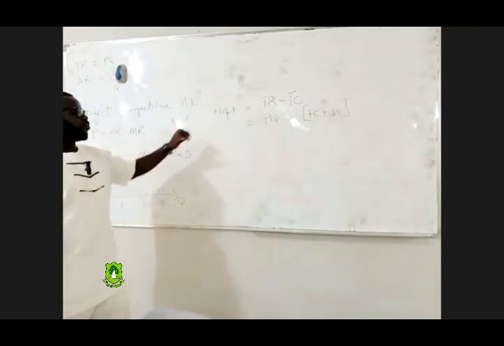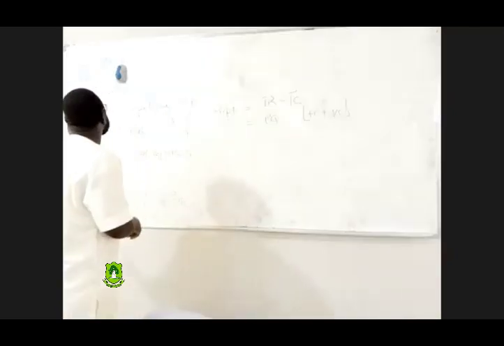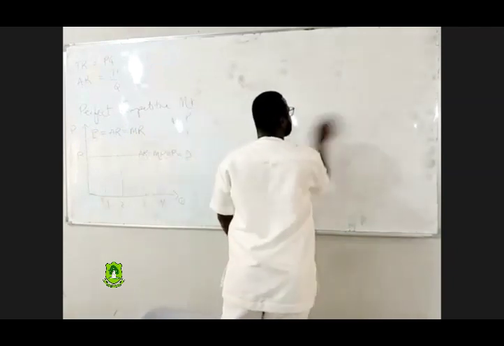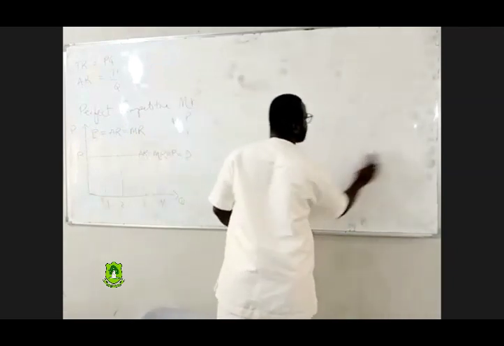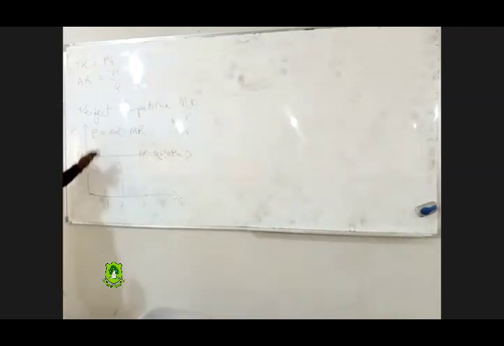Now, when you look at the profit maximizing output in the short run of a firm, it means at what output should I produce as a firm to be able to maximize my profit?